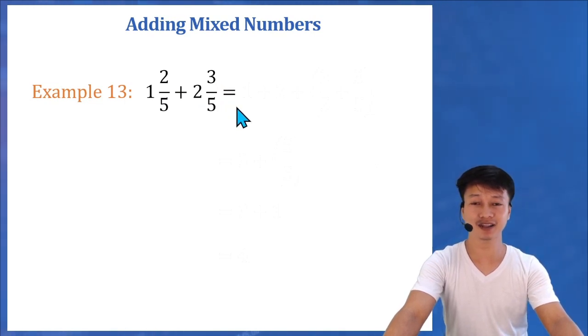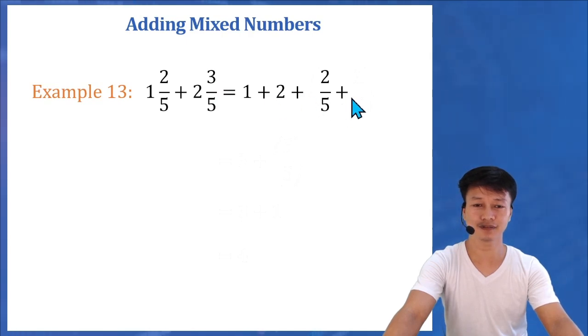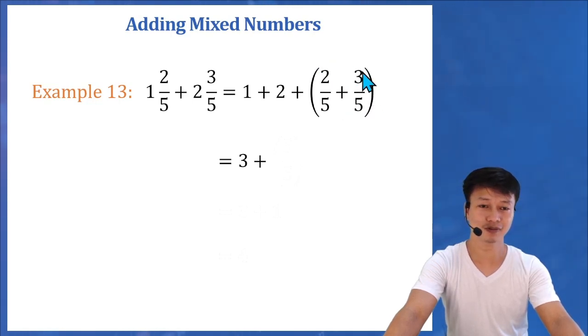Okay, again, i-separate natin yung pag-add ng mga whole number parts. We have 1 plus 2 plus the fraction parts are 2/5 plus 3/5. Okay? And then, add natin yung 1 and 2, we will get 3 plus, eto, this time we will not use the butterfly method because our fractions here are similar fractions and therefore we can add directly the numerators and copy the common denominator.